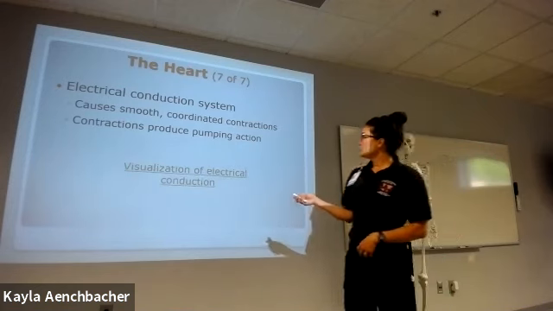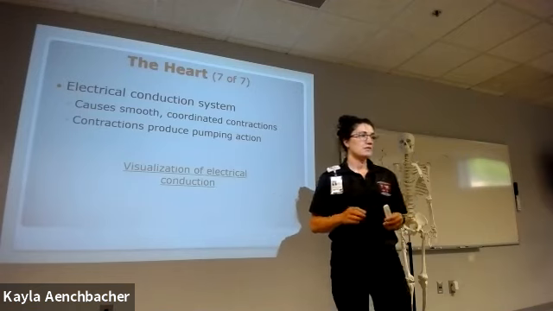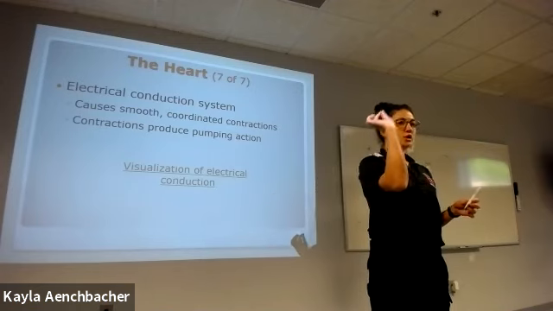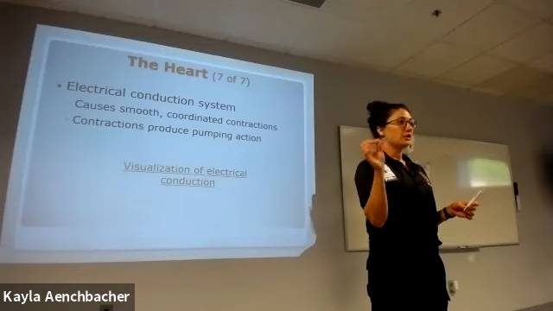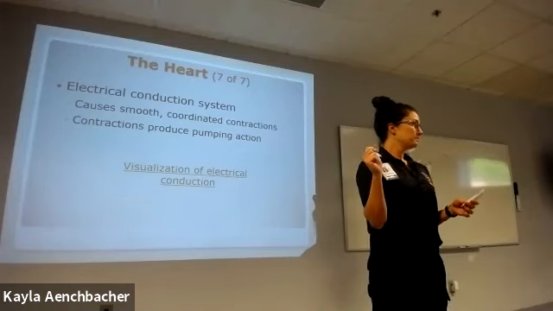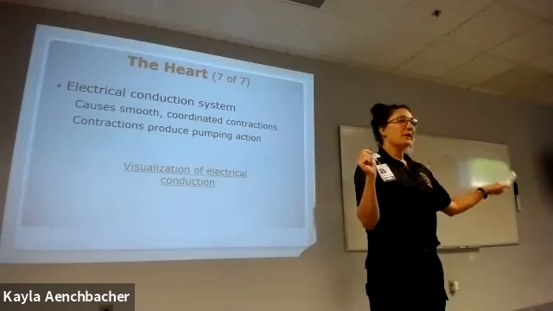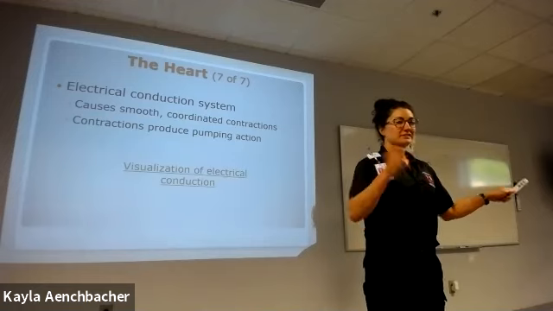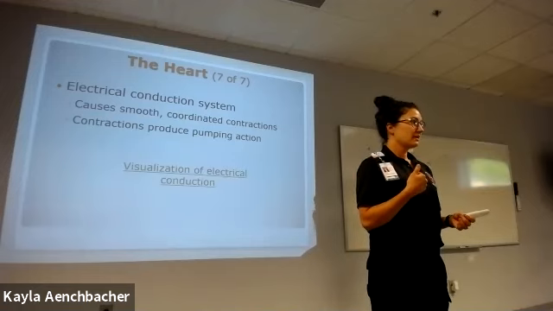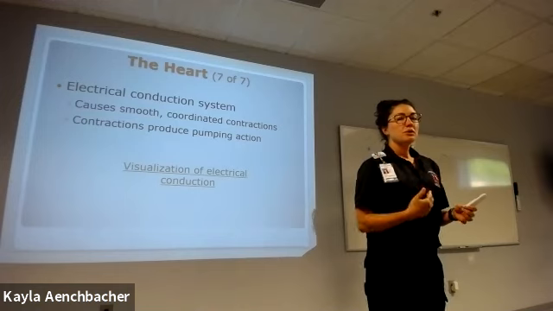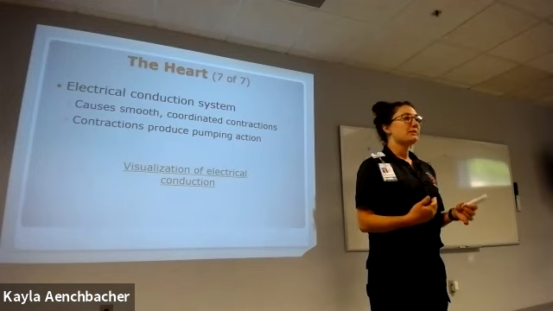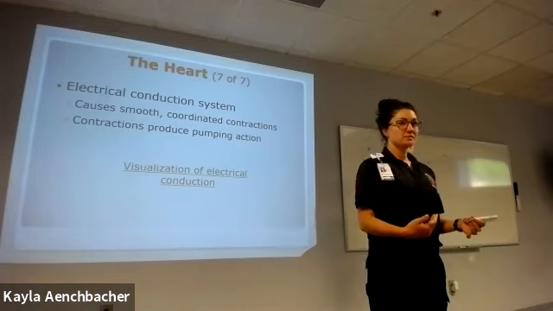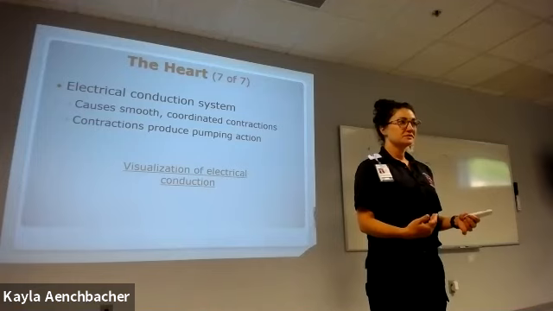So we will talk very quickly about a node that is called the SA node. Anybody know what it stands for? The sinoatrial node. It's in that right atrium. That's what we call the natural pacemaker for the heart. What do you think it does?